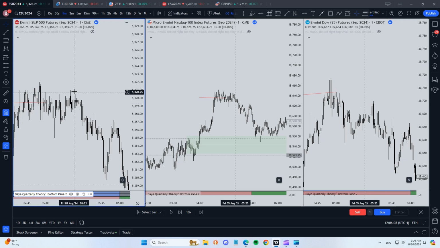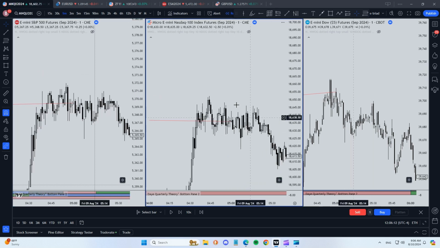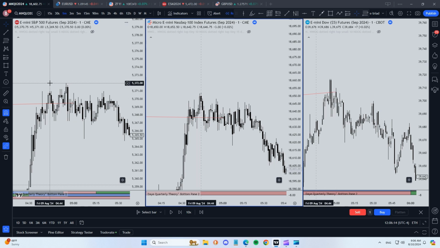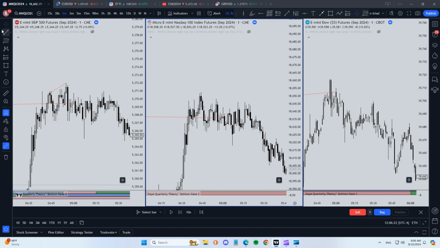Down to the microcycle. And then let's take a look at what we got here. All right. So right over here, we can see the SMT. This was the micro SMT at the very high that from earlier came with the 1 hour SMT. So right here, we can see it got swept on ES, didn't get swept on Nasdaq, and got swept on Dow.